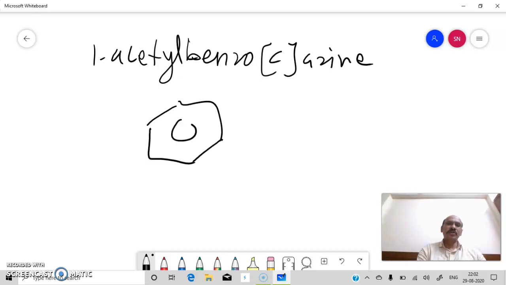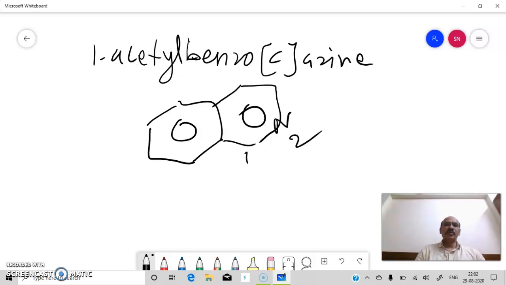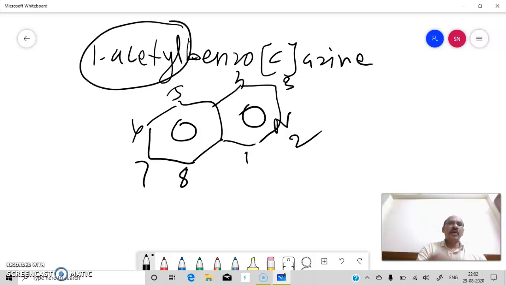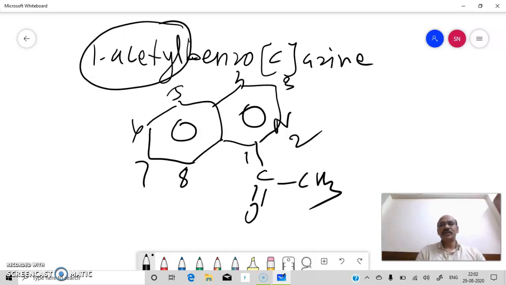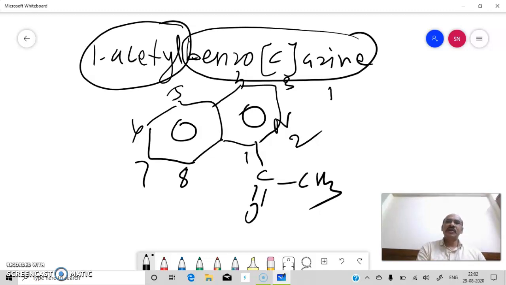So nitrogen's position will be at carbon number 2. So it will be 1, it will be 2, 3, 4, 5, 6, 7 and 8 like that. And to carbon number 1, you have to write the acetyl group, C double bond O, CH3. So this is the structure for 1-acetylbenzo C azine. Instead of benzo C azine, you can write isoquinoline also.